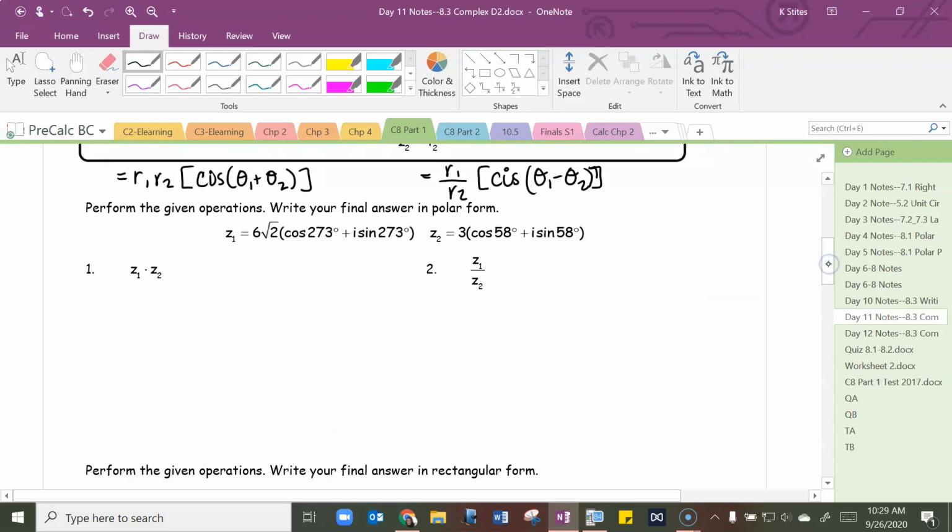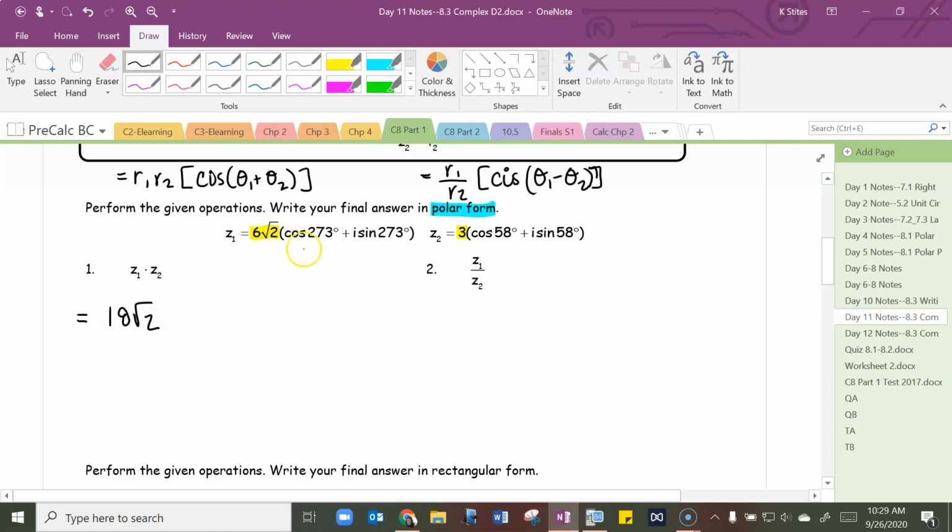All right, perform the given operations, write your final answer in polar form. Okay, polar form meaning we will end with that cis. So z1 times z2, all we have to do for that is multiply the two radii, 6 root 2 times 3, that's 18 root 2.